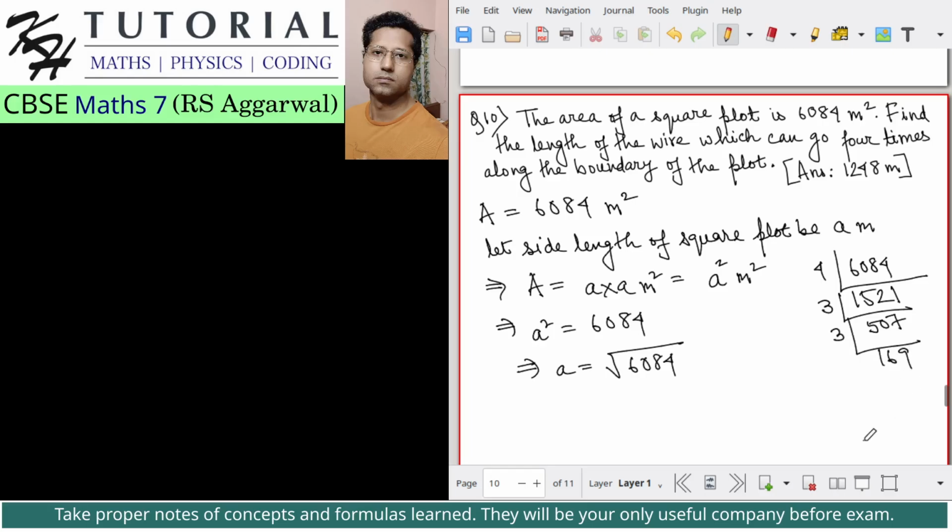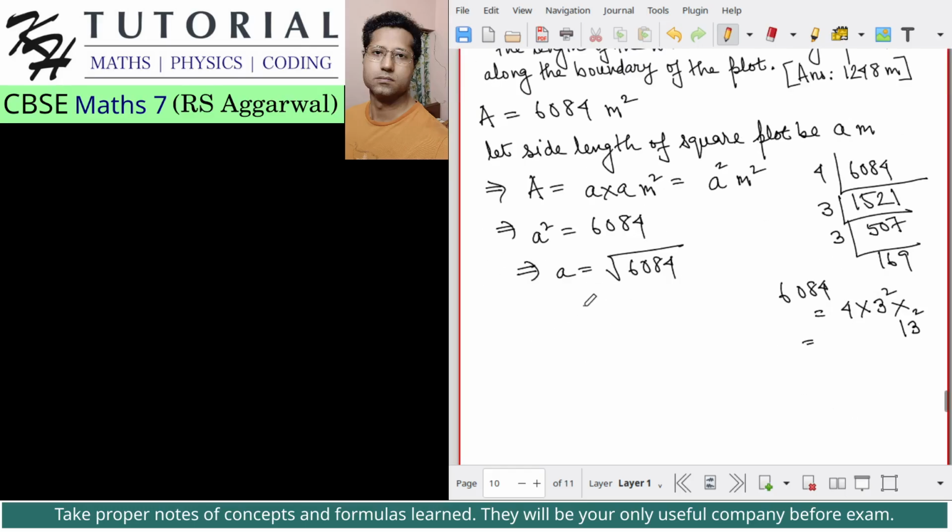169. Okay, so 6084 is 4 multiplied by 3 into 3, that is 3 square, multiplied by 169, which is 13 square. So the square root of a will be the square root of 4 multiplied by 3 square multiplied by 13 square.